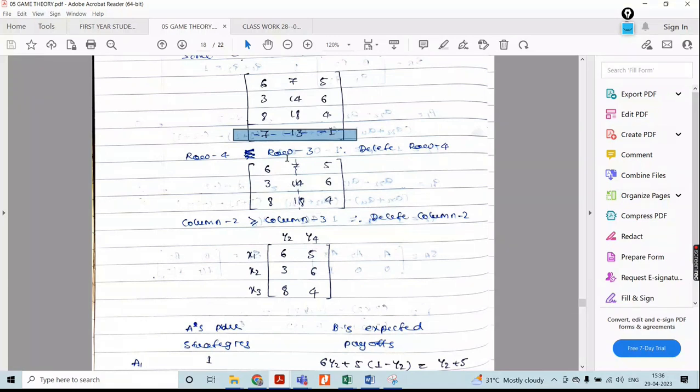Obviously column 3 has the maximum values, 7, 14, 18, so I will delete this. Then what happens? I will get 6, 3, 8, 5, 6, 4. Now I got a 3 cross 2.